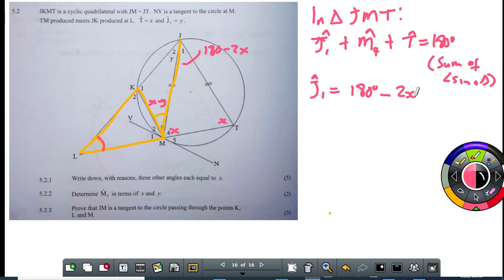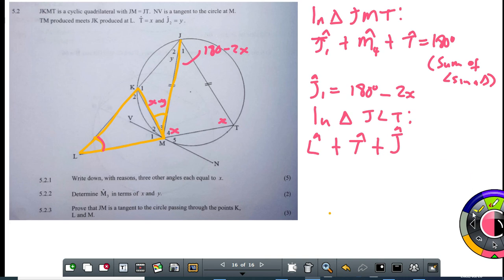Okay? So I'll say in triangle JLT, if I add angle L plus angle T plus angle J, now J is equal to J1 plus J2, so I can just write this J, right? I'll get 180.